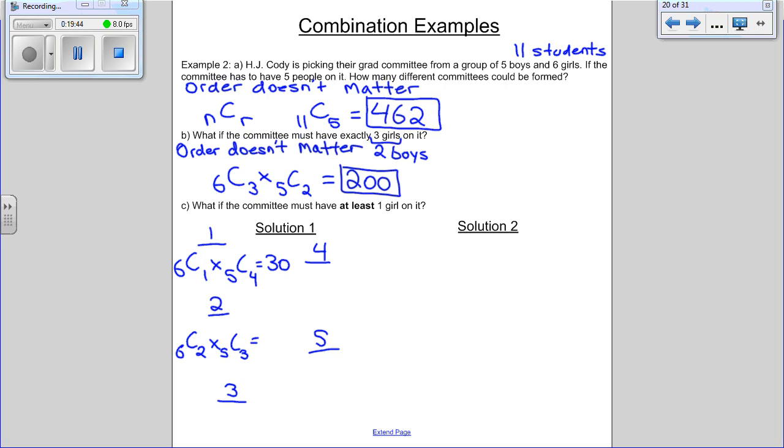The 3-girl situation we already solved. That's 200 ways. We solved that in part B. 4 girls, go 6 choose 4. I'm going to do it in calculator. Times 5 choose 1.